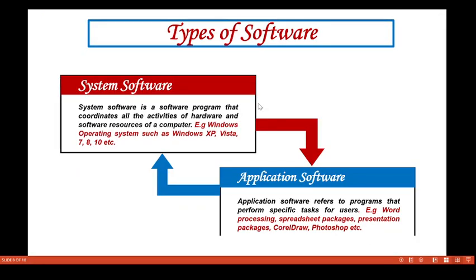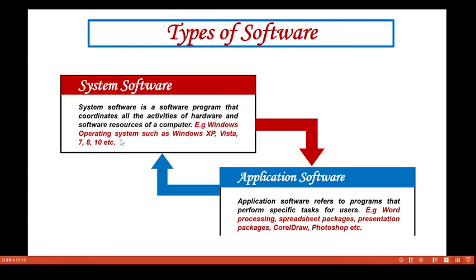Then the next thing is software. These are the types of software. There are 2 types of software: system software and application software. What is system software? System software is just like an operating system because it coordinates all the activities of hardware and software resources of a computer system.